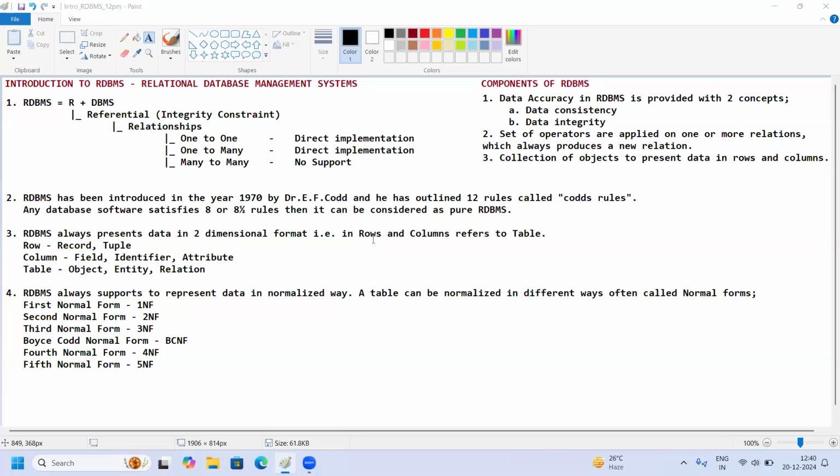Operators, I only named them, but I didn't show you how to apply them. I said that collection of objects, that too first point itself, I said that always you present data in database in rows and columns. One table also you present rows and columns. Two tables also you present rows and columns. 100 tables also you provide rows and columns only.